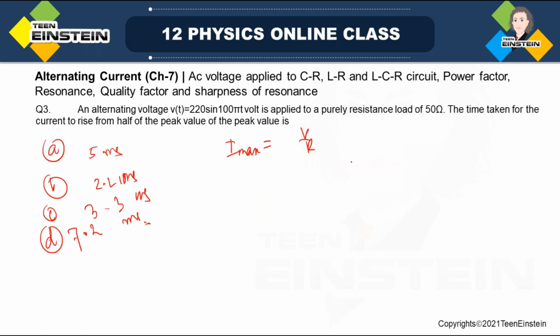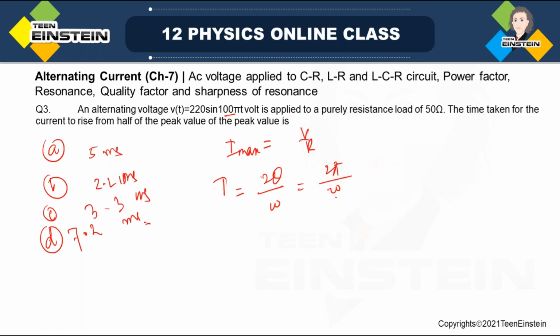Now we have to find out the time period from the argument omega t. Time period means 2 pi by omega.